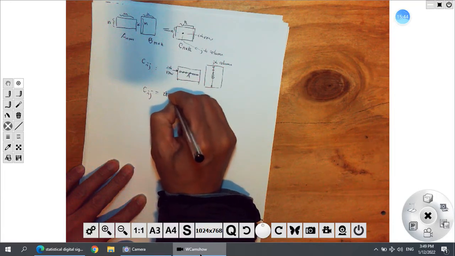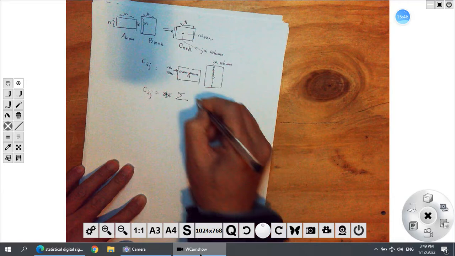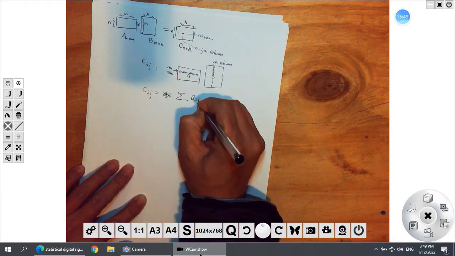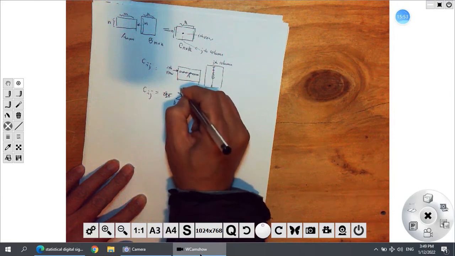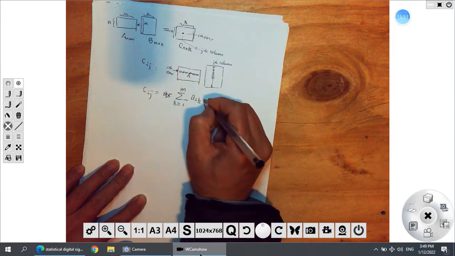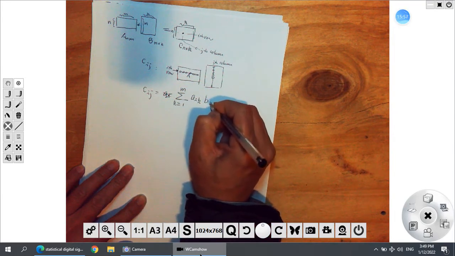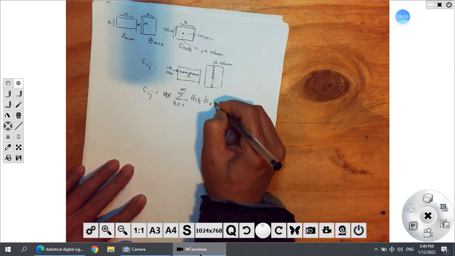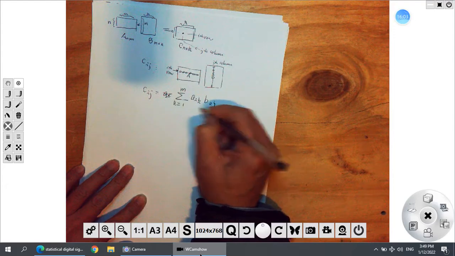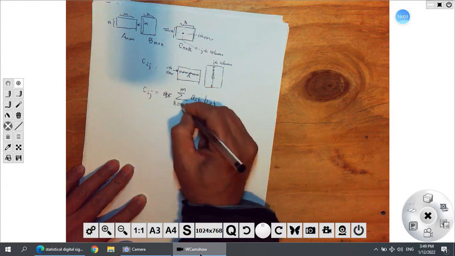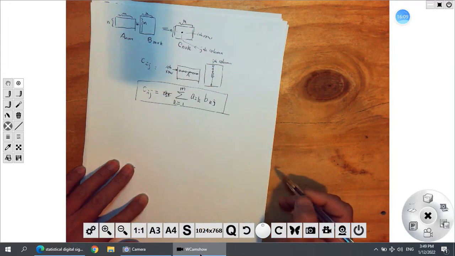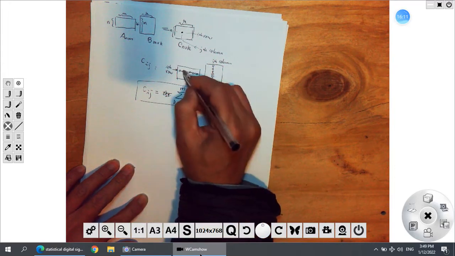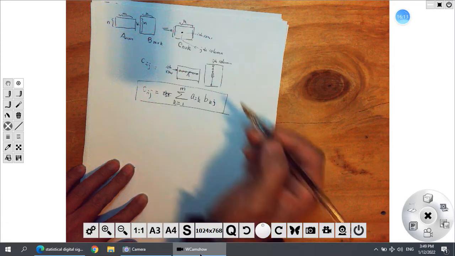Now I can use a shorter notation: the sum of A ik times B kj, where k runs from 1 to m. Okay, so you can get the element Cij this way.